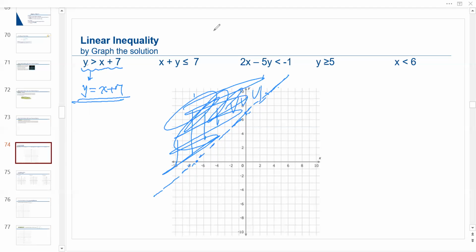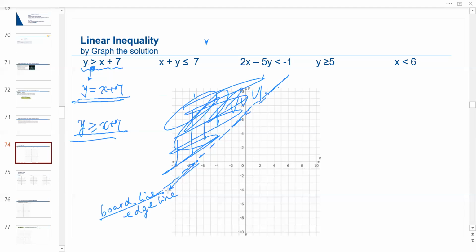We call this one the borderline. Sometimes people also call it the edge line. They are not including it, so it's not equal here, and you use the dash line. So if I ask you y greater than or equal to x plus 7, we need to make this a solid line.